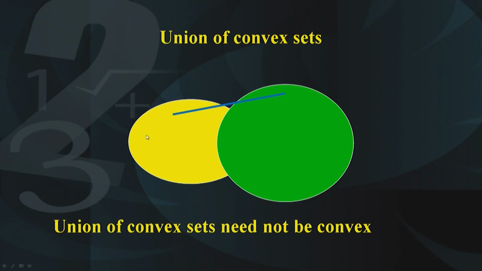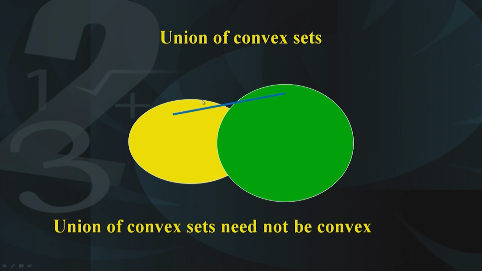Some interesting set theoretical properties we would like to look at. So, the union of convex sets. Now, you can see that the yellow circle is representing the set S1. Similarly, the green circle is representing the second set, let us say S2, and we want to look at the union of these two sets.